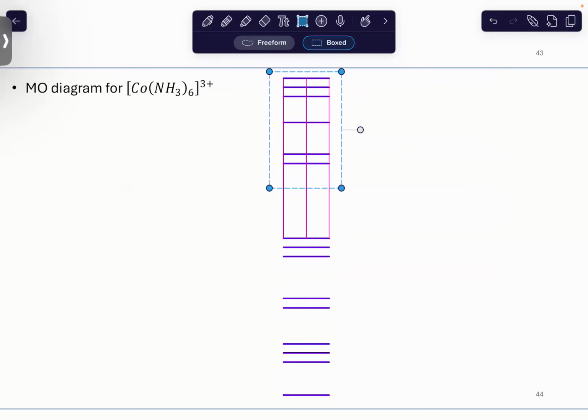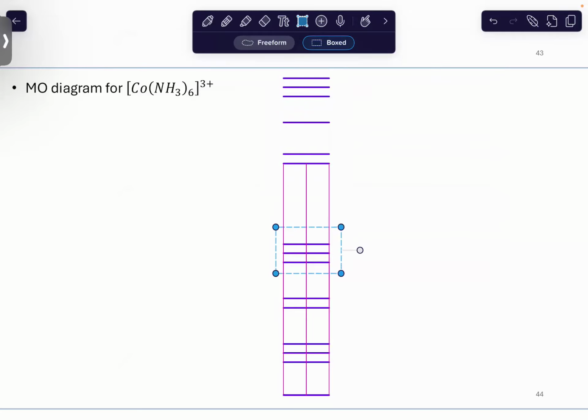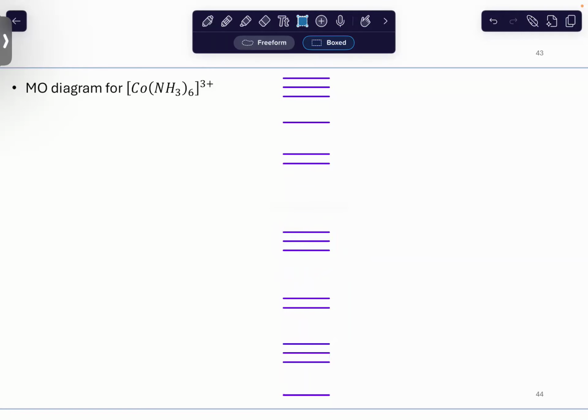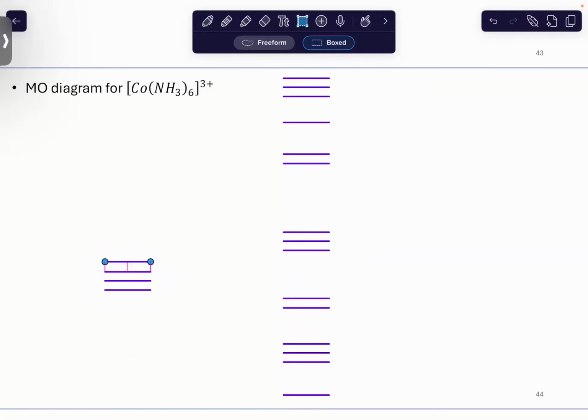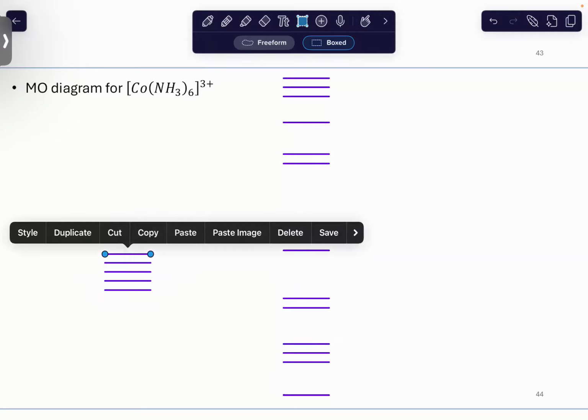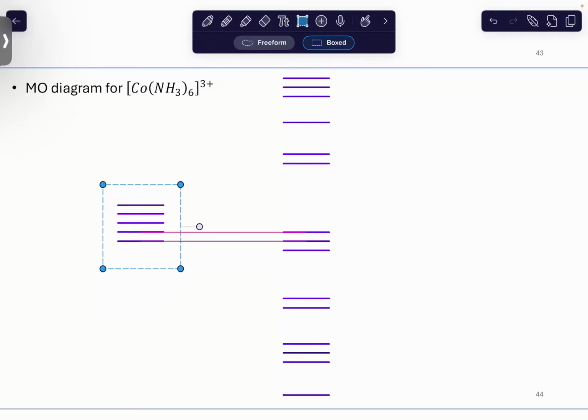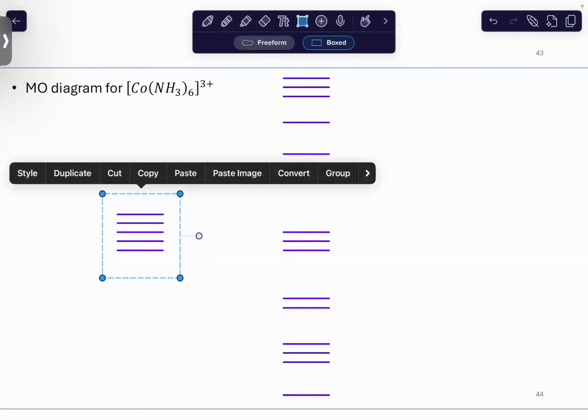I'm going to try to move these up as high as possible. Okay, then, let's see. These are always fun to get in the right place. 1, 2, 3, 4, 5. Okay, so then these are going to line up there.